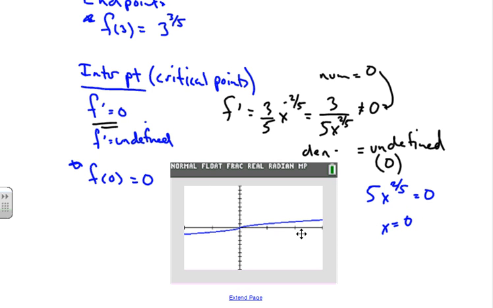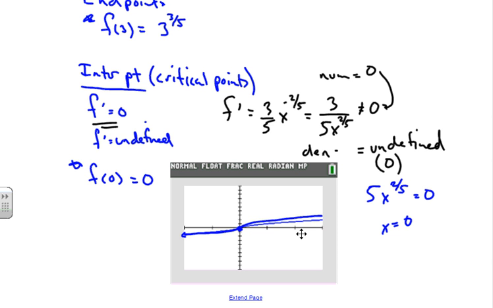We realize that at 0, even though it's a critical point, there appears to be some sort of change where the derivative is undefined, maybe a vertical asymptote there, but yet it is not a max or min value.